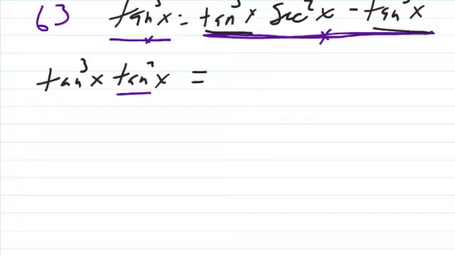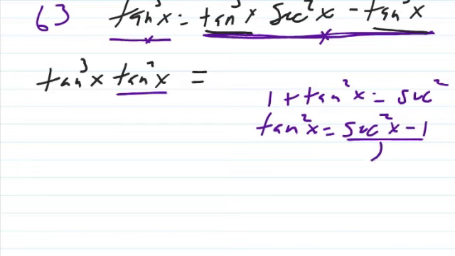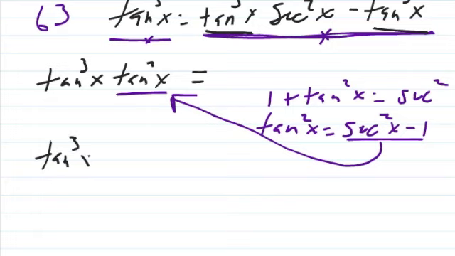But this is another Pythagorean form because 1 plus tangent squared x is equal to secant squared. So that says tangent squared x is equal to secant squared x minus 1. I can substitute this in there now, and I get tangent cubed x times secant squared x minus 1.